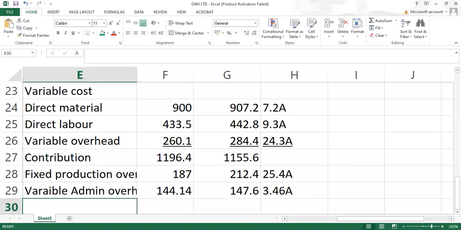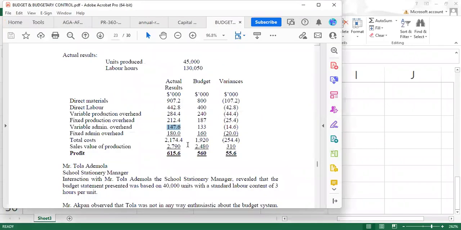The next item is what? Sir, what I want to understand is, if we are giving the variable overhead to calculate, should we always calculate the variable overhead and then the variable admin on the labor? Yes.